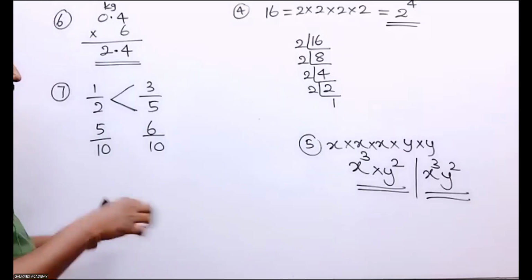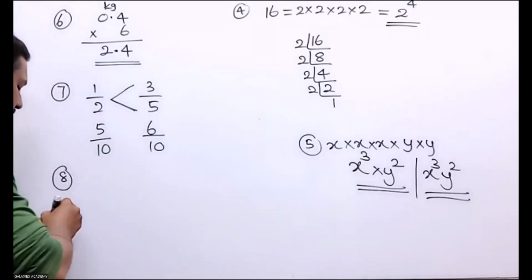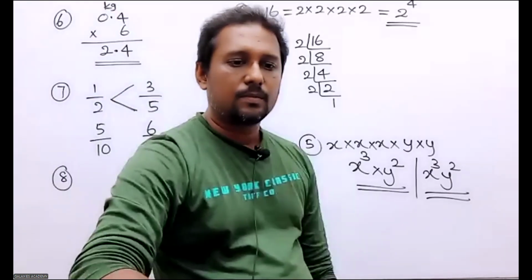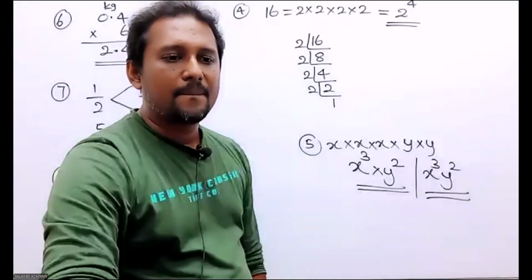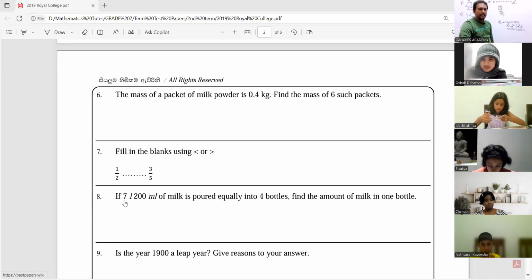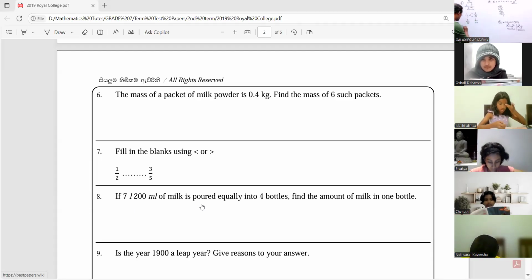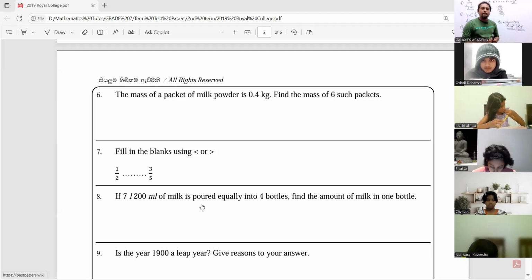Number 8. If 7 liters 200 milliliters of milk is poured equally into 4 bottles, find the amount of milk in one bottle.